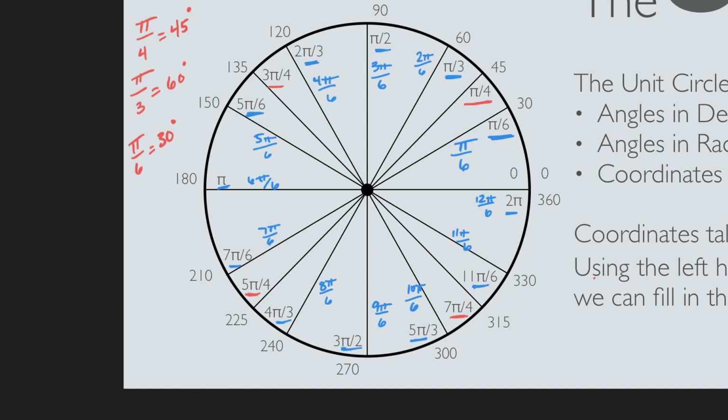Now, you know some of these reduce. And you know some of these already, like 90 and 180, and some of them were already 6s, right? So those are your key benchmarks as I'm going around, making sure I'm doing it right. If I get to a point like, oh, that should have been 5 pi over 6, but it wasn't, you know you messed up somewhere, skipped a line, went too far, too fast, whatever, okay? But if we were to simplify all of these values, we know that that becomes pi over 3.